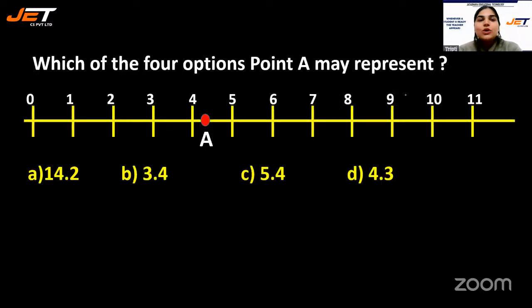Now, which of the four options may point A represent? You can see point A is between 4 and 5. It's not even in the middle of 4 and 5, so obviously it is going to be less than 4.5.